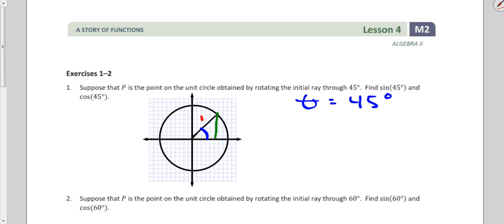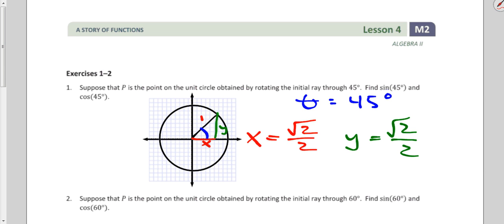And how long is this side? What did we find? Square root of 2 over 2, both of them, right? So the red is square root of 2 over 2. We'll call that x for right now. We'll call the green one y. And square root of 2 over 2 equals y and equals x.